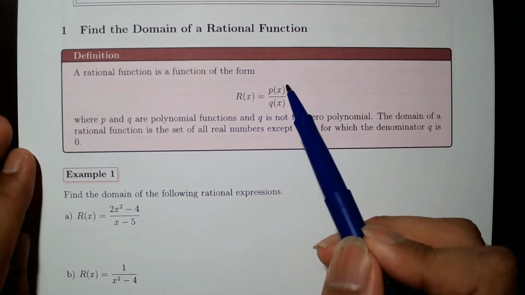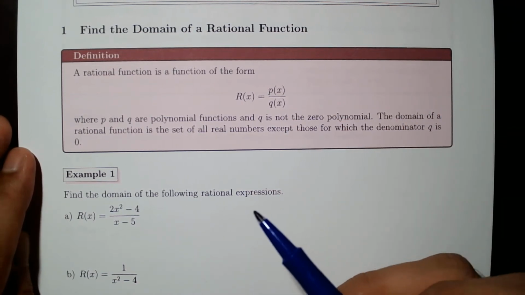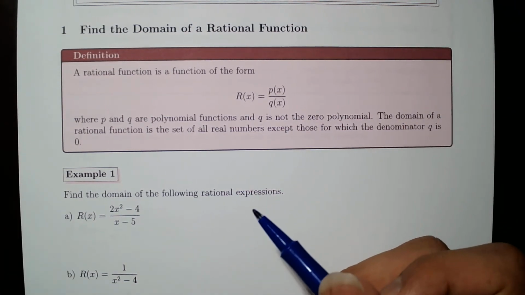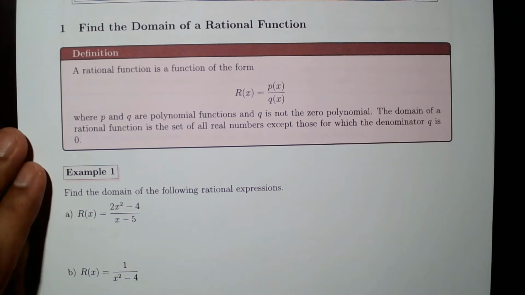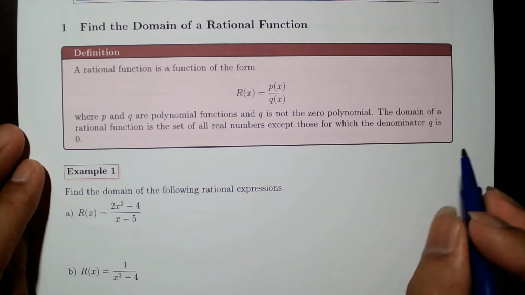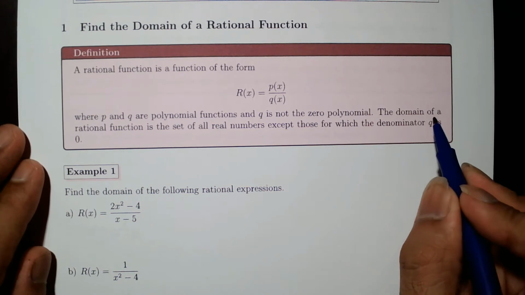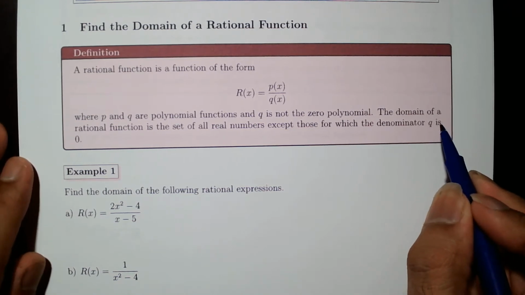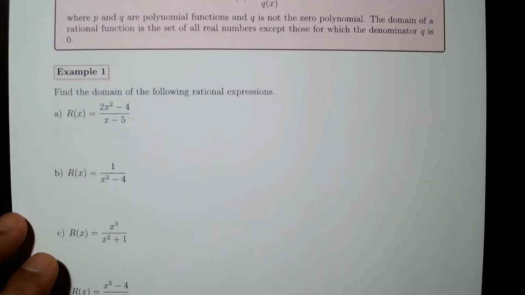Otherwise, if you have a polynomial divided by a radical, that's not a rational function. The red flag about this type of function is that q, the denominator, cannot be 0. So we need to exclude those values for which the denominator q is 0. This is what we do.